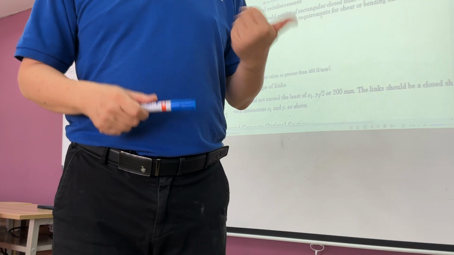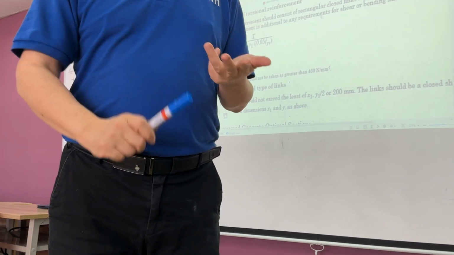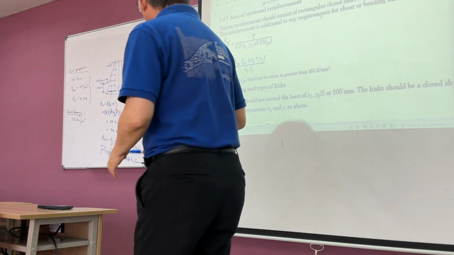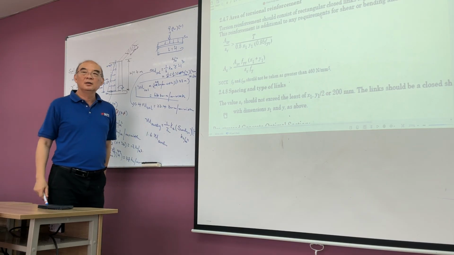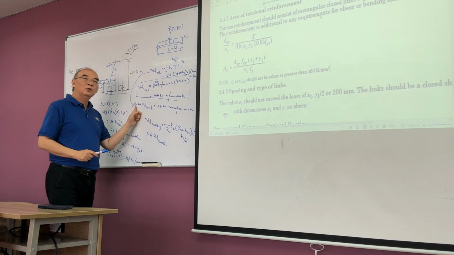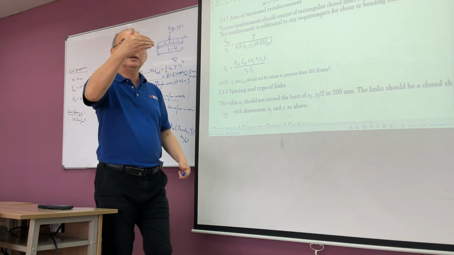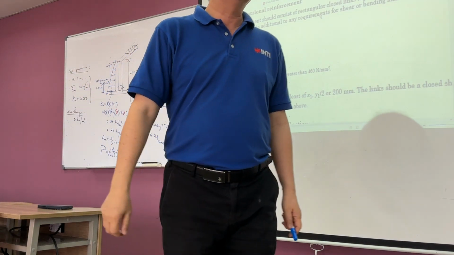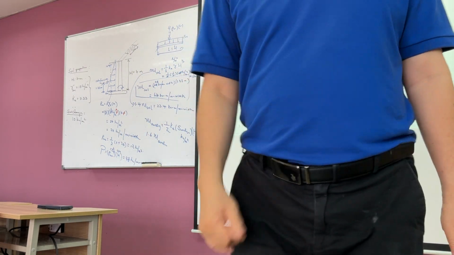Okay, all right. 1/6 of Ka gamma H cube. 1/2 of Ka surcharge H squared. Okay, and do not forget the load factor. Okay. So once you have the design moment, then you just go through the design. Remember the procedure, right?